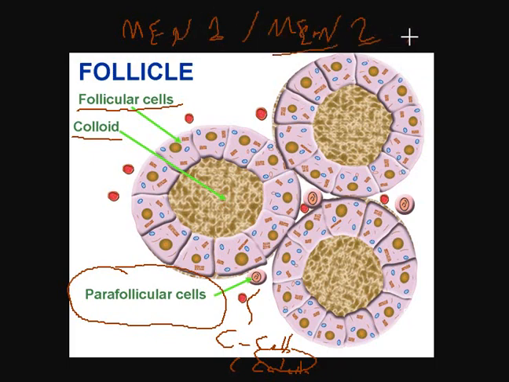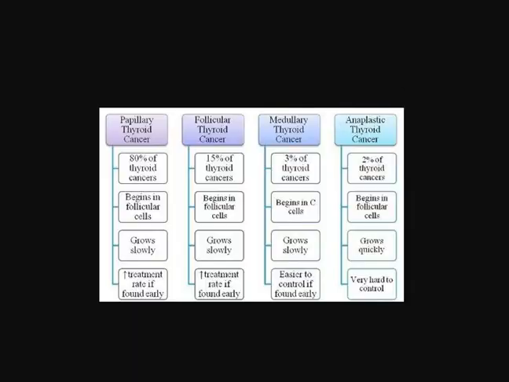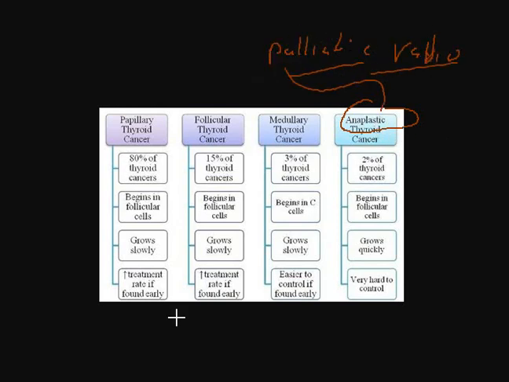Let's start with the papillary thyroid cancer. It's the commonest type of thyroid cancers, constituting about 80% of all thyroid cancers. It begins in the follicular cells of the thyroid gland. It's accurately diagnosed on fine needle aspiration cytology.